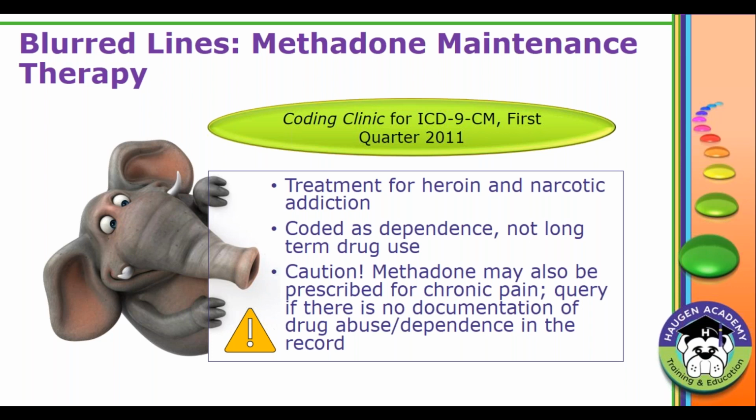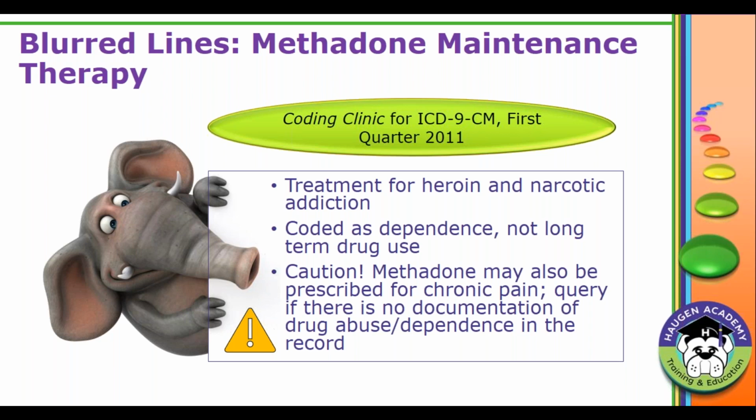So methadone maintenance therapy, or MMT, is a treatment for heroin and narcotic addiction. With our current opioid crisis, it is something that you may see. A patient may be coming into the hospital on methadone specifically for the treatment of a narcotic addiction.